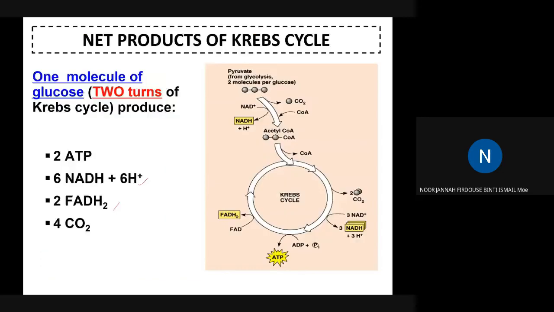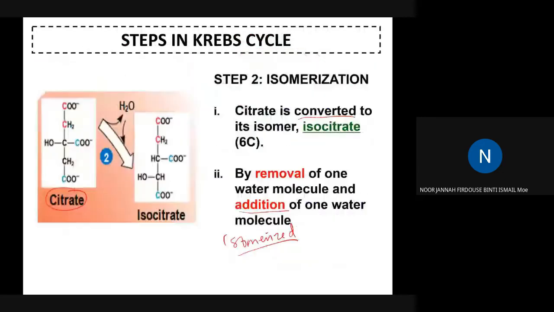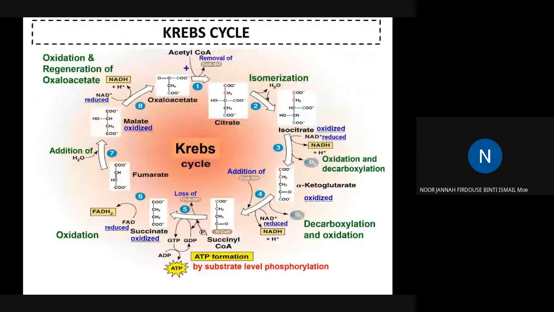Kita tengok ikut gambar rajah yang penuh kat sini. Let's identify where ATP is produced. First ATP here. NADH patutnya ada 3 tempat, iaitu step 3, step 4 dan step last 8.